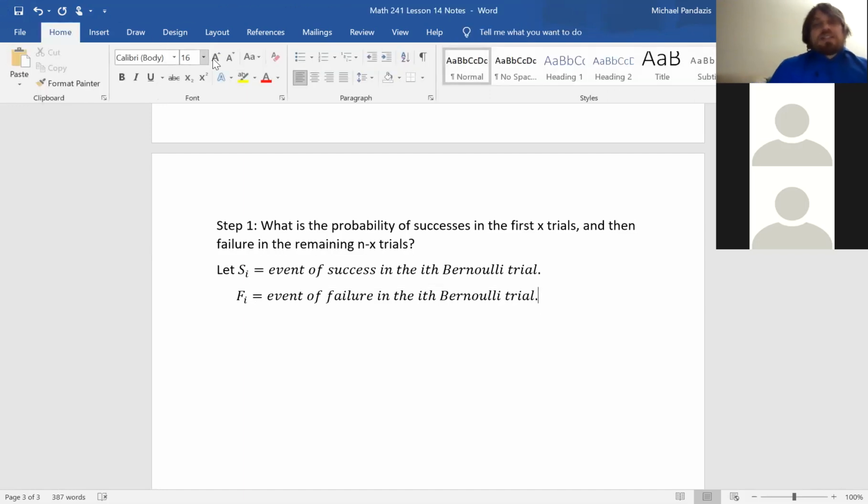So S sub i is success in the ith Bernoulli trial, and capital F sub i is the event of failure in the ith Bernoulli trial.